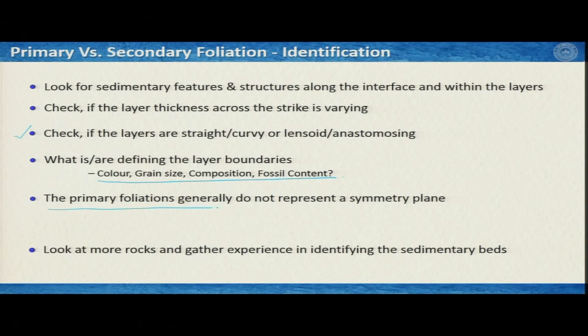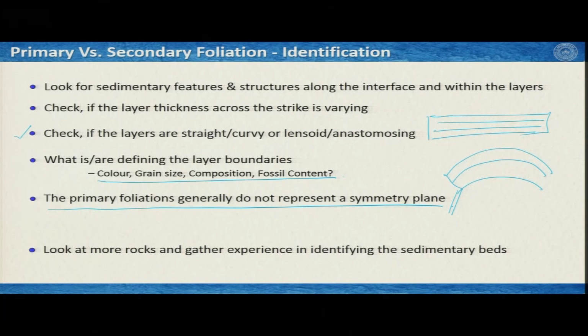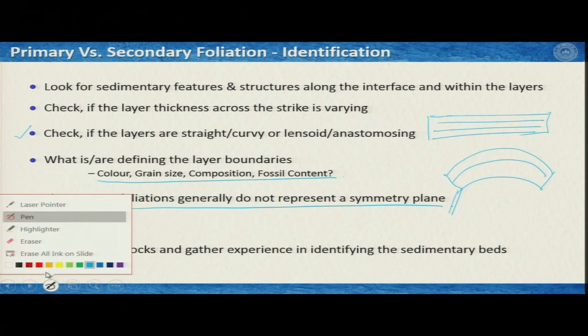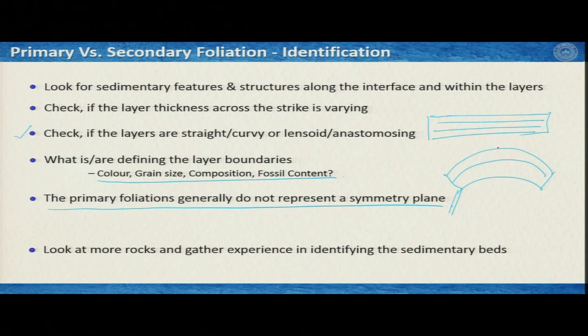Now, primary foliations do not represent a symmetry plane. We will talk about this later, but very briefly, if I have primary foliations, they just develop like this, but if this layer got folded, then the secondary foliation, I just interchange the color, develops like this.